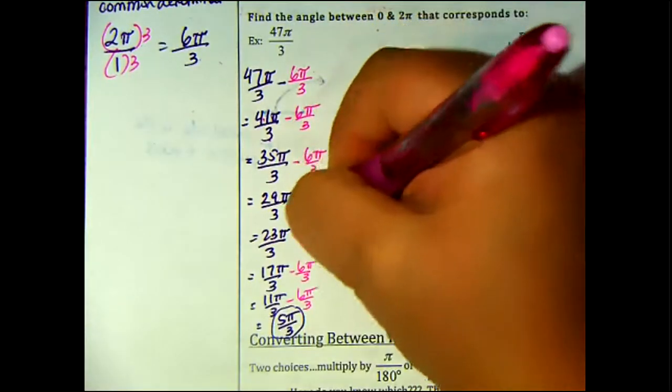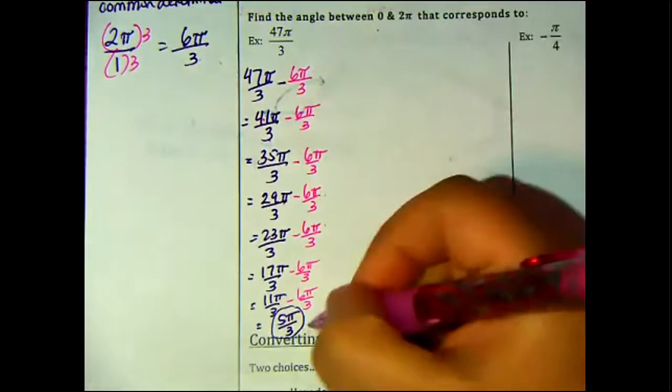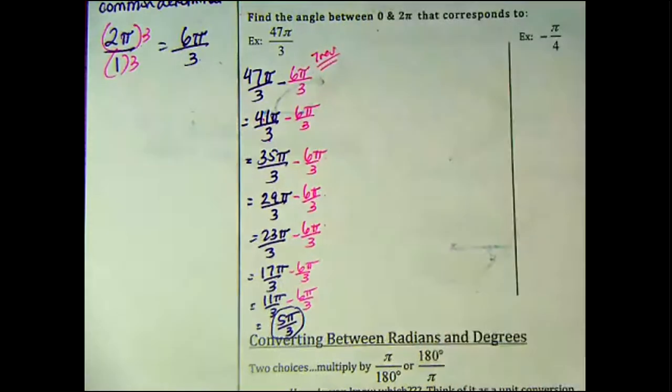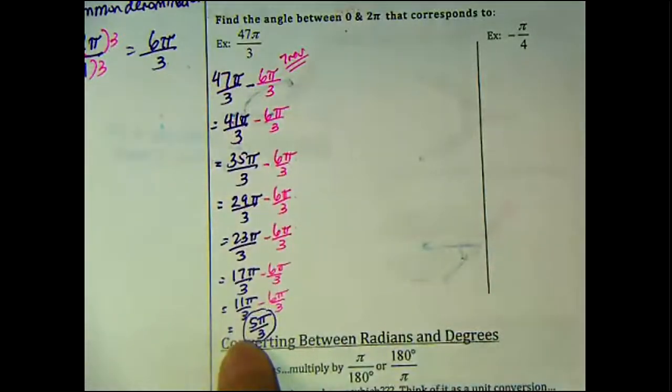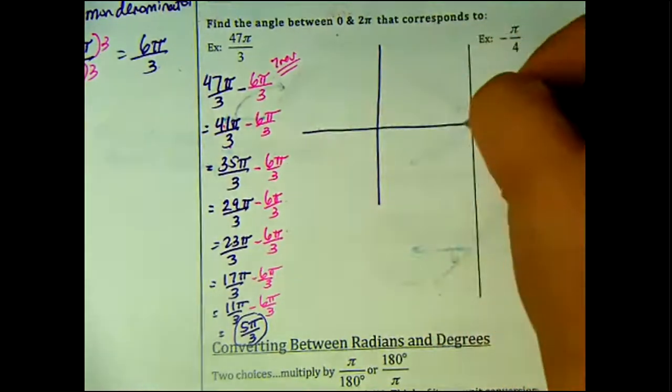Oh boy, that's 1, 2, 3, 4, 5, 6, 7 revolutions total, plus another 5 pi over 3. So this is 7 revolutions that we're going to have to go around with a graph. And again, every single one of these angles shares the same terminal side, right? They share the same terminal side.